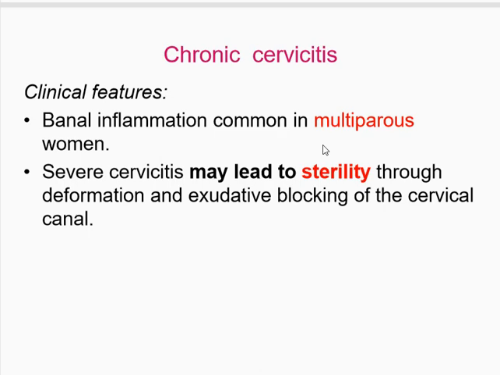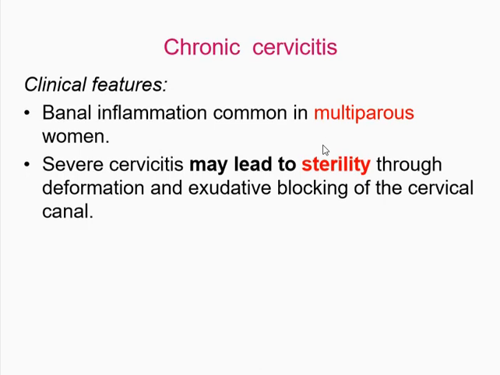Chronic cervicitis is very common in multiparous women, and most of the time this is a banal inflammation without any consequences, but it may sometimes be severe enough to lead to scarring, blocking of the cervical canal, and leading to sterility.